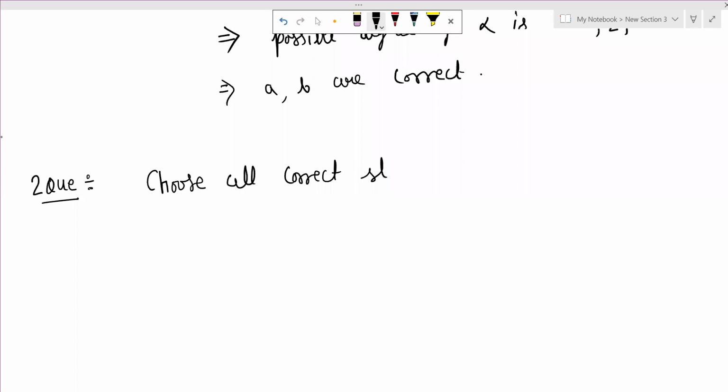But this screen is frozen. I don't know what happened to this. This is not even working. I hope this will work now. This is not working. Let me cut it and start again. Wait for a minute.